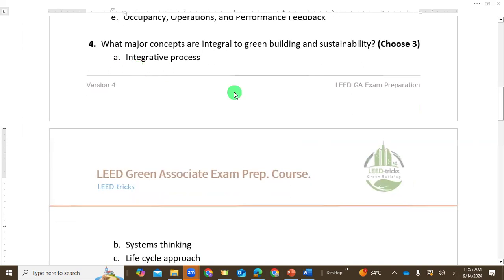Next question. What is a major? I will answer this one because it's 2 parts, so difficult for you to read. What major concepts are integral to green building and sustainability? Exam strategy here applied: choose 3. One time I just forgot and I thought choose one, and I found more than one correct answer.